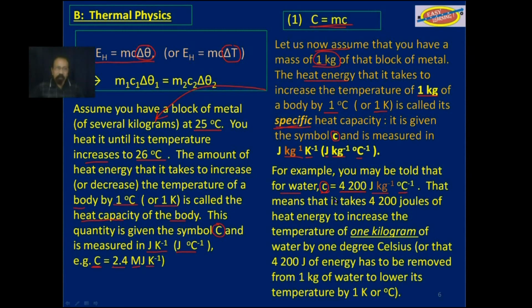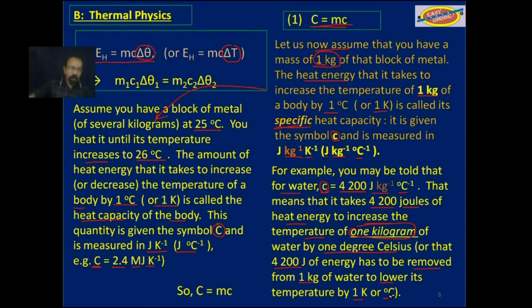That means that it takes 4,200 joules of heat energy to increase the temperature of 1 kilogram of water by 1 degree Celsius, or you could say 4,200 joules of energy has to be removed from 1 kilogram of water to lower its temperature by 1 degree Kelvin or by 1 degree Celsius.